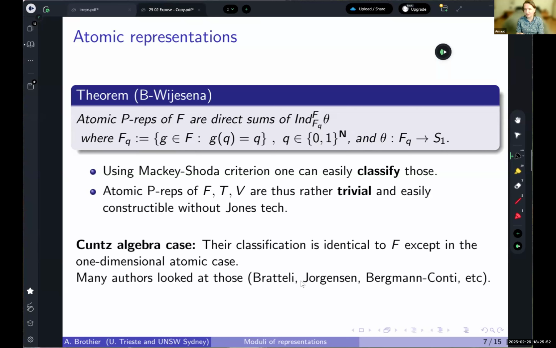I could cite probably ten articles on this. But I don't think anybody realized that they were restricting to monomial representations of the Thompson group. Because once you know that, then using the classical work of Mackey and Shoda, it's easy to classify them and it's easy to decide if they are reducible or not. So it's an interesting fact, actually, for the atomic. All right.